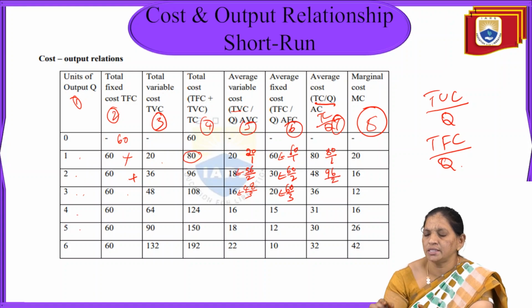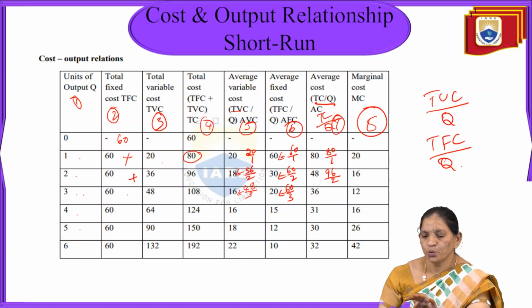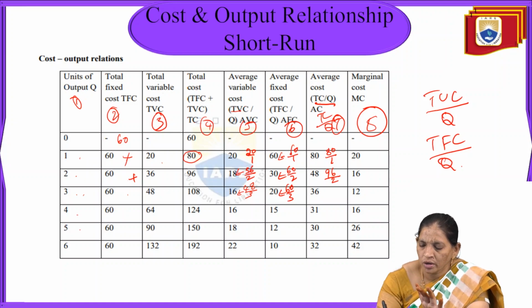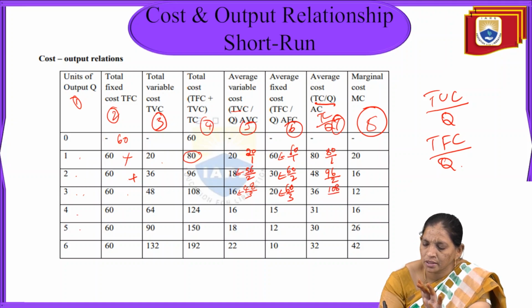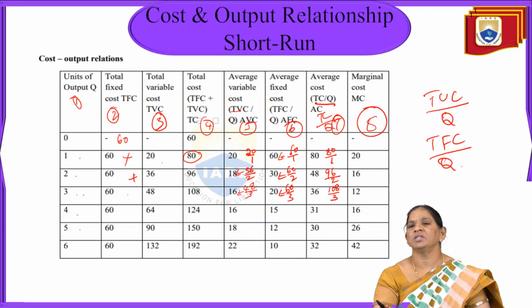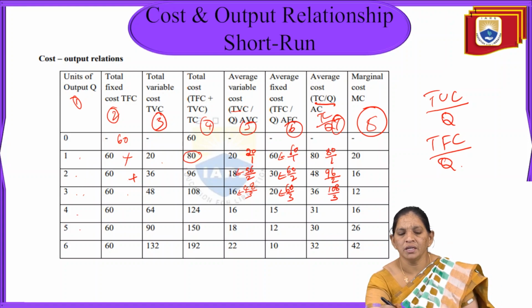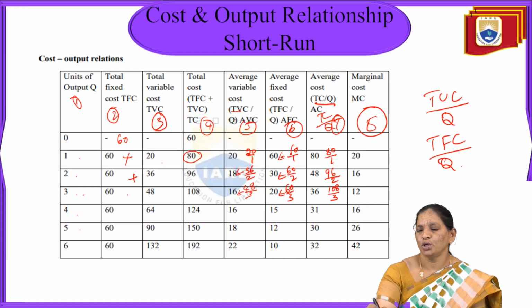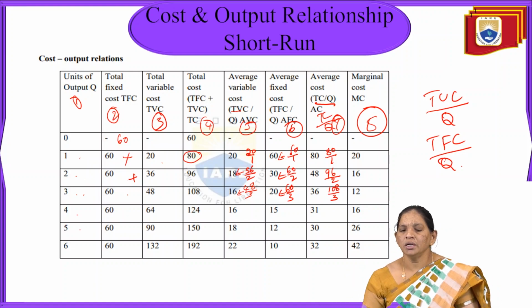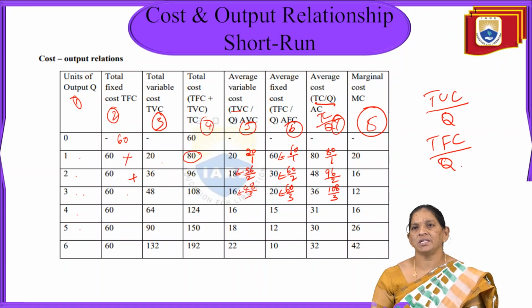When 96 is divided by 2, you get 48. When 108 was divided by 3, you get 36. Means this total cost column, when divided by number of output, gives the average cost.